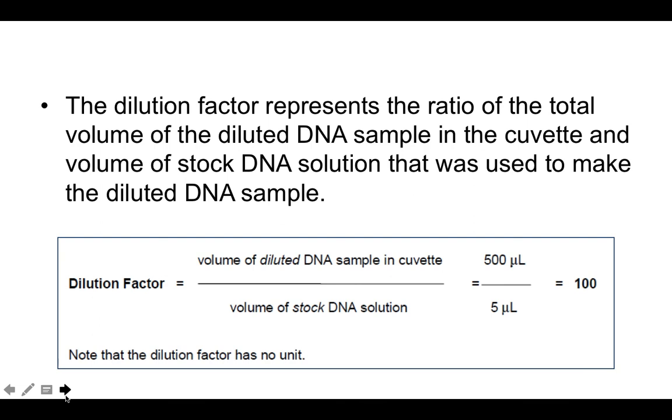Since we're talking about two values that are expected to have the same units, when you divide them, you expect that the dilution factor will not have a unit. The volume in microliters, as you can see in our example, will cancel each other out.